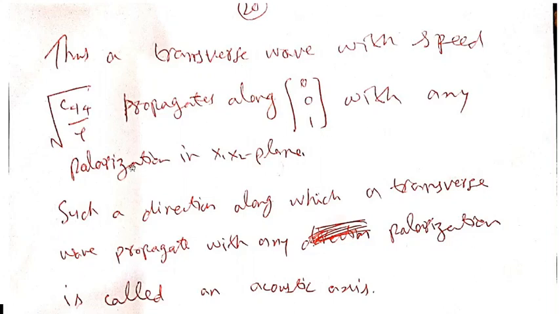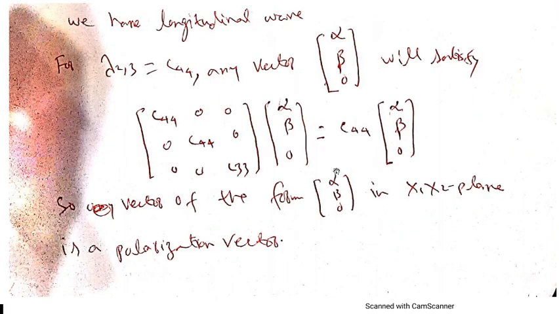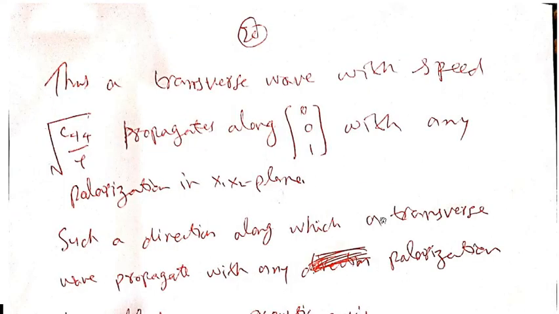And this polarization will be of the form alpha beta 00, so it must satisfy the condition for a unit vector.